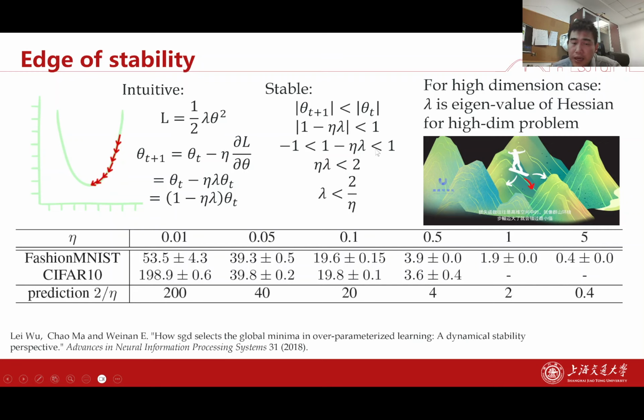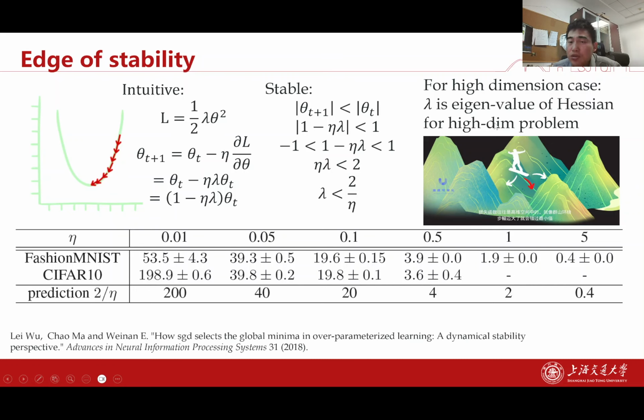So if you are doing this optimization process in a non-convex loss function, there are a lot of different local minima and different curvatures. Which curvature should you select? To get stable training, the training should be in a region where this curvature is smaller than 2 over your learning rate.